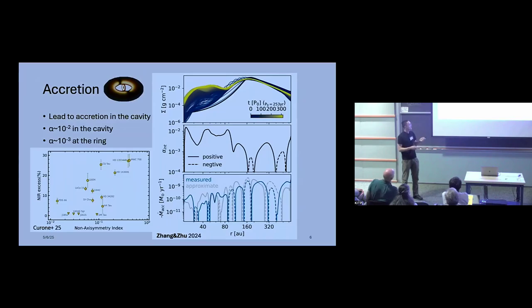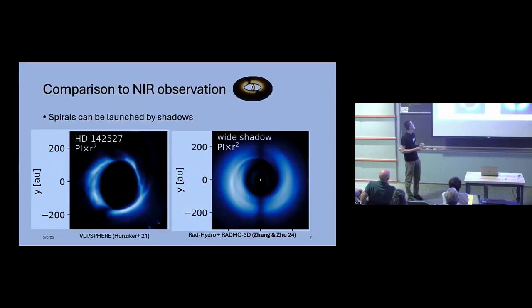Our shadow scenario can naturally reproduce this, because if you have a stronger shadow, you have stronger accretion, and more material will be accreted into the inner disk, giving more near-infrared excess. We can also compare our simulation with observations. We post-process our simulation and compare it with HD 142527, and you can see both narrow shadows and their associated spirals.